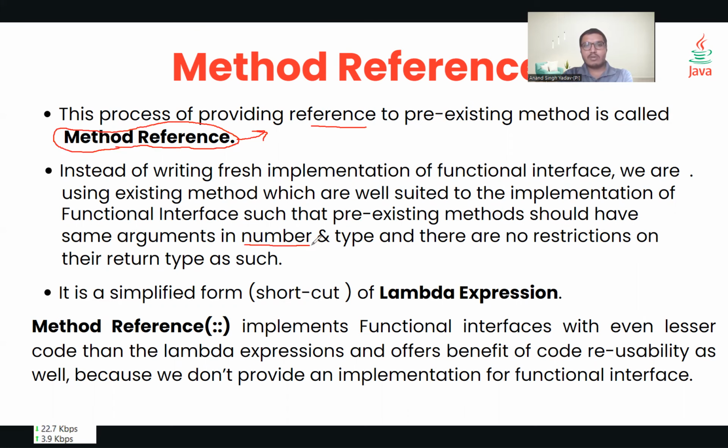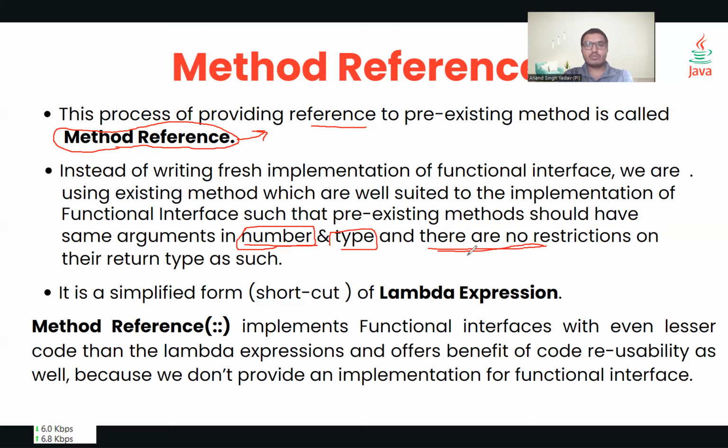The requirement is the same number of arguments, and the data type must be the same. If the type and arguments are the same, then we can easily refer. This line we will discuss later. There is no restriction on the return type as such.